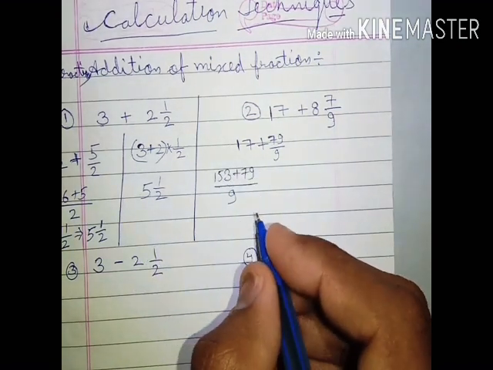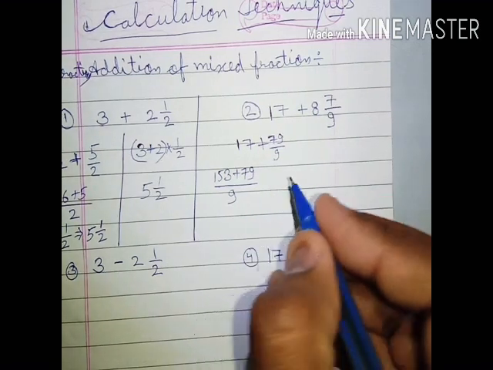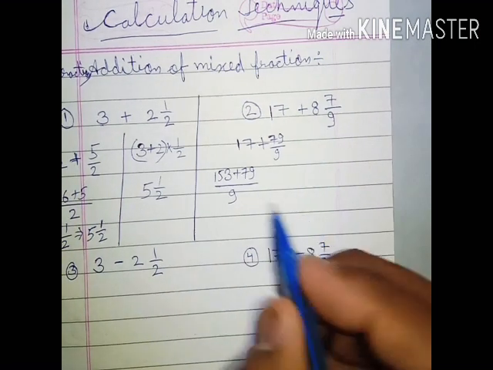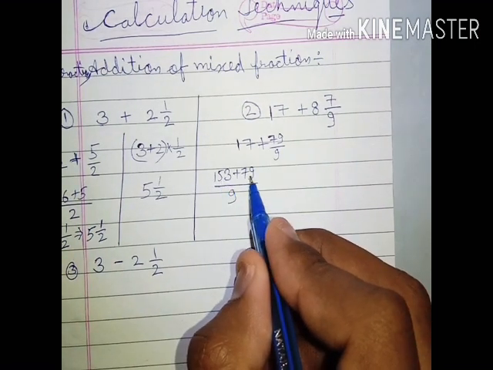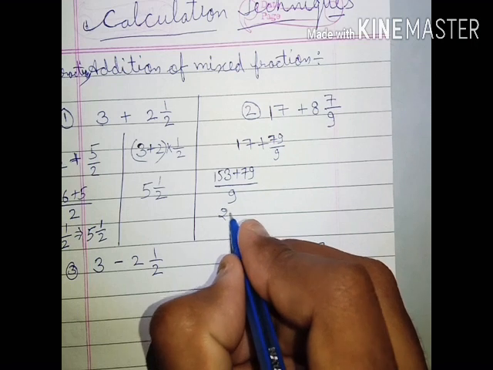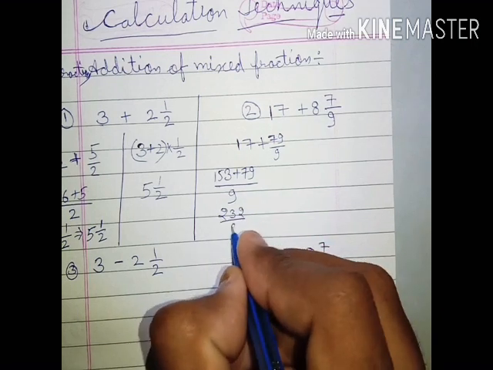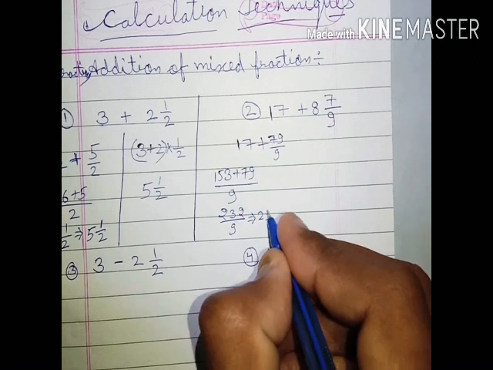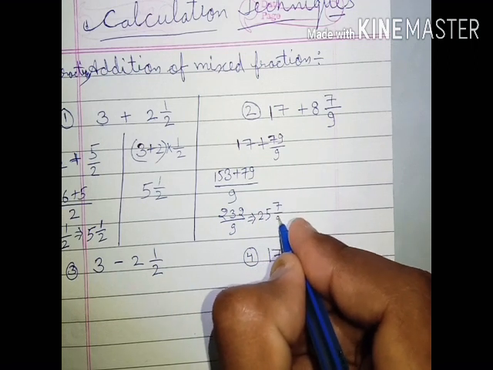The calculation is very complex, as again we have to add and divide the numbers. If we add 153 and 79, it will become 232, divided by 9, the answer will be 25 7 by 9.